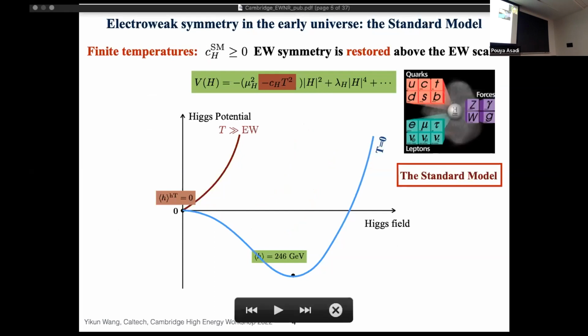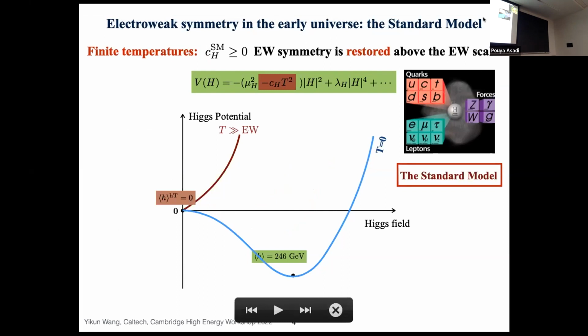That means you can calculate this thermal correction from first principles. And it turns out this thermal correction to the mass term is positive. So that tells you at a temperature much higher above the electroweak scale, you're going to have a symmetry restoration. So this electroweak symmetry is unbroken, or preserved, at very high temperatures.